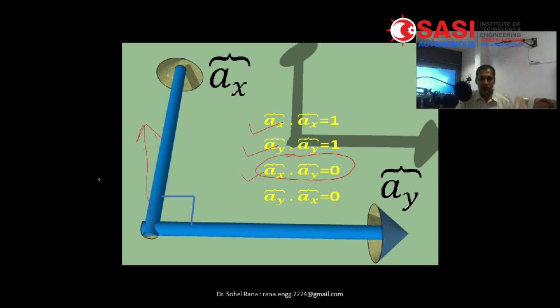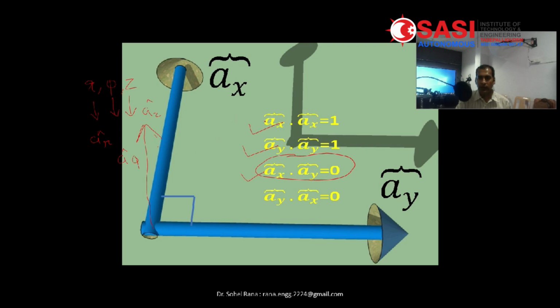Now what will happen if we consider the cylindrical coordinate system? In the cylindrical coordinate system, we have three components: radius r, angle phi, and height z. The direction components for these three are ar cap for radius, a phi cap for phi, and az cap for z. If we take the dot product with any other vector in a different direction, the resultant will be 0.